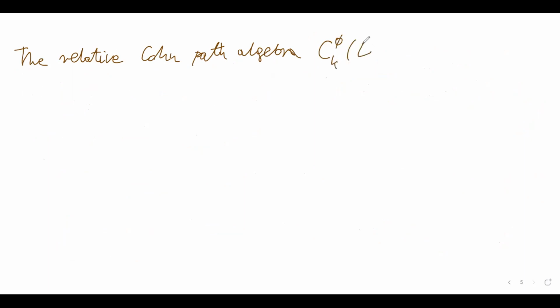So when we take, let me write it like this: the relative Cuntz path algebra C, empty set, K, E, which we denote simply as CKE, that's just the notation.